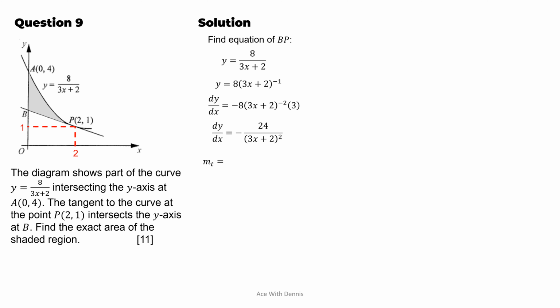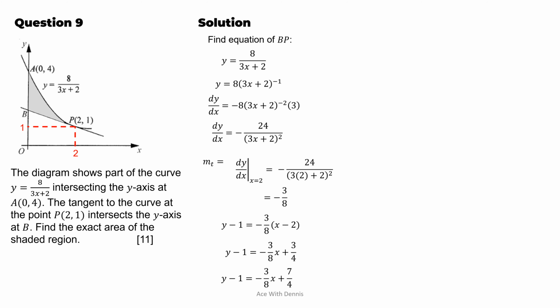So the gradient of the tangent will be dy/dx when x equals 2, which is negative 24 over (3 times 2 + 2) squared, and the value is negative 3 over 8. Hence, the equation of BP will be y minus 1 equals negative 3 over 8 (x minus 2), which is y minus 1 equals negative 3 over 8 x plus 3 over 4.